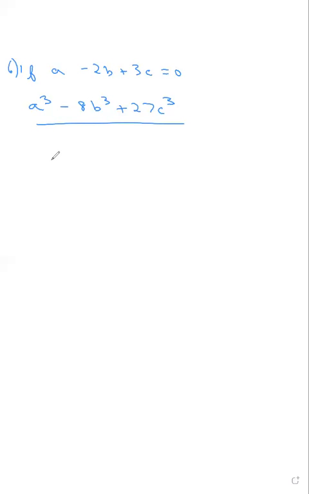For the past five minutes, you were trying to figure out exactly what to do. No, sir. Actually, I had done a similar question in school. So, sir, I think a minus 2b is equal to minus 3c. So a minus 2b the whole thing cubed is equal to minus 3c the whole thing cubed.